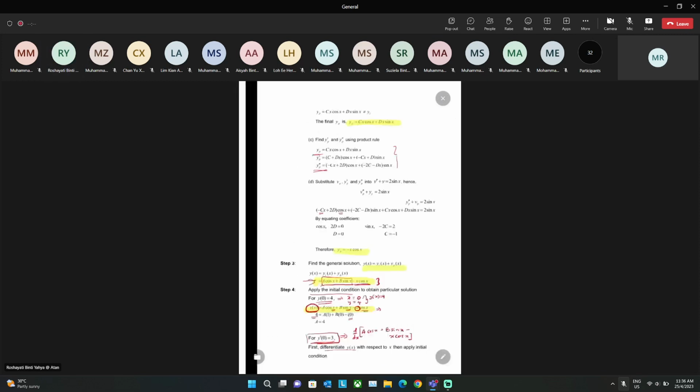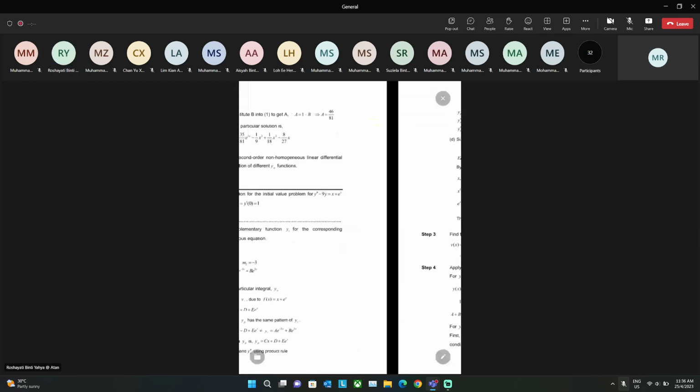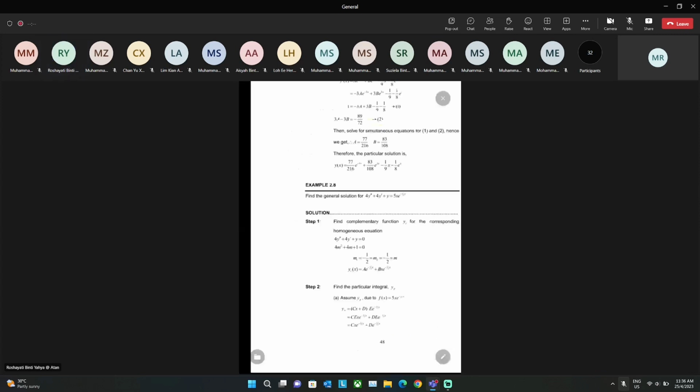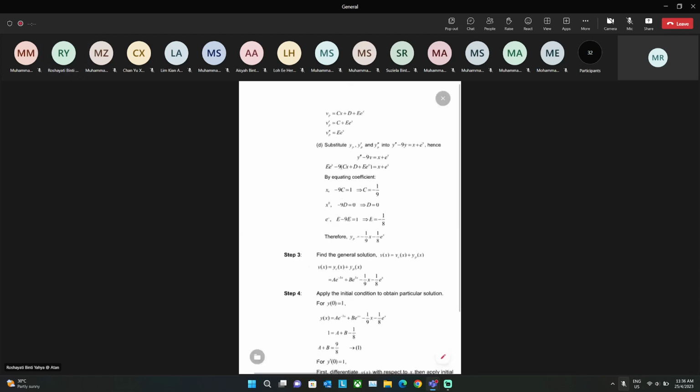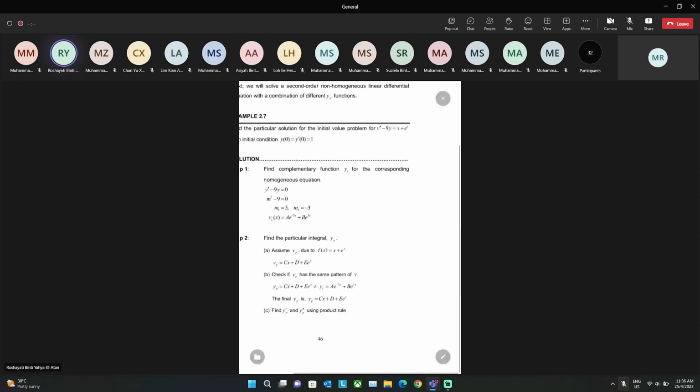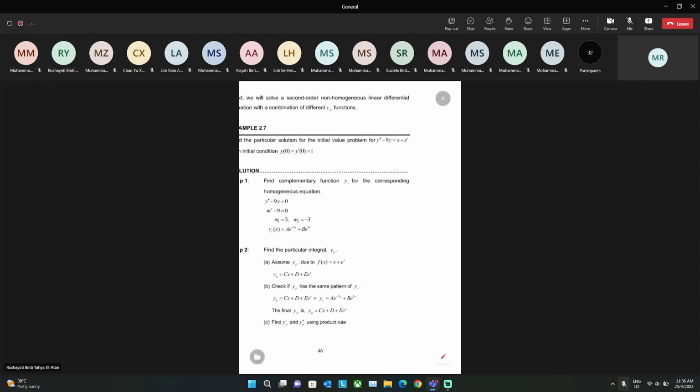Okay, so class, for exponential x is c exponential x. So it becomes c exponential equal to 1.